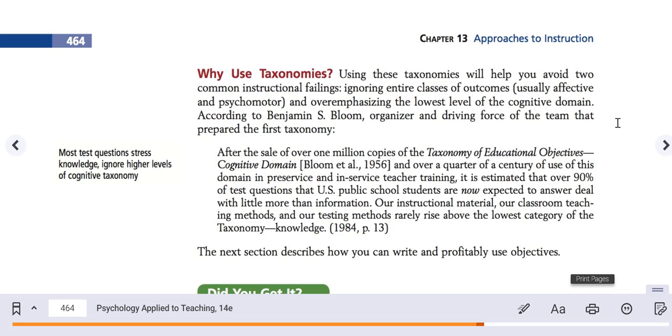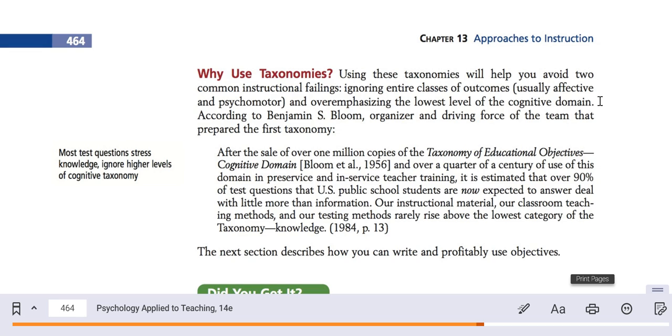Why use taxonomies? Using these taxonomies will help you avoid two common instructional failings: ignoring entire classes of outcomes, usually affective and psychomotor, and overemphasizing the lowest level of the cognitive domain.